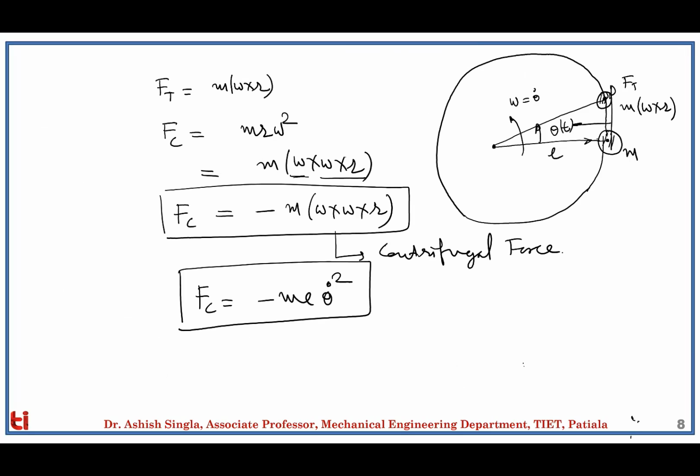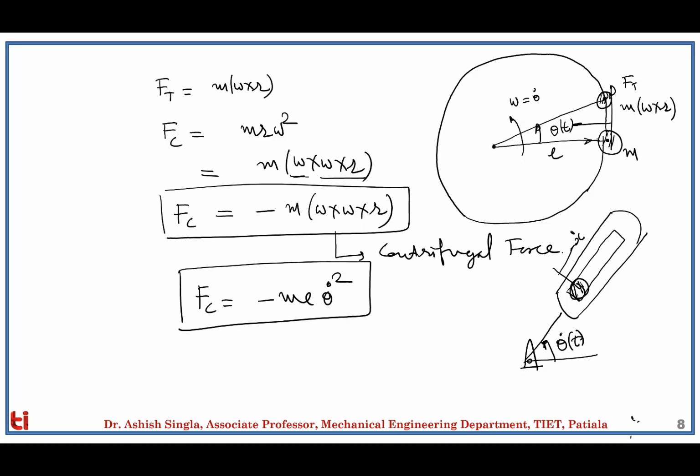Let's say we have a link, and this link is rotating with angular velocity theta dot t, and this link has a slot, and there is one ball which moves linearly in it with velocity x dot.